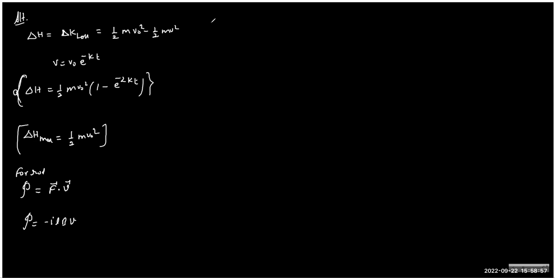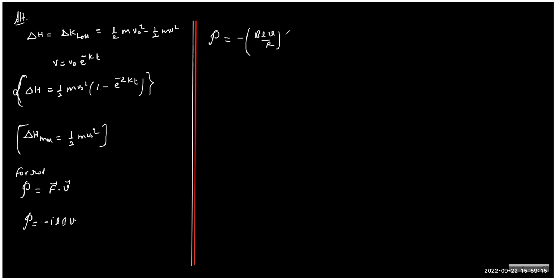And the instantaneous power we can write as minus because it's losing the energy. I itself is BL V by R. And then we still have BLV again.